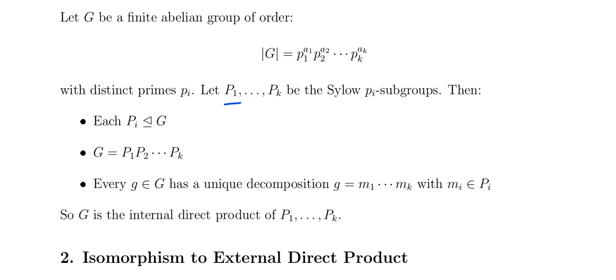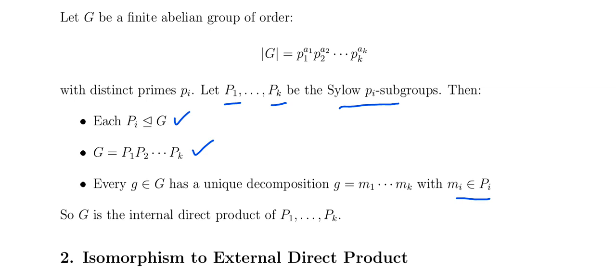Let capital P1, capital P2, capital Pk be the Sylow pi-subgroups. Then each Sylow p-subgroup is a normal subgroup of G, and G is expressed as the product of Sylow p-subgroups, and every g belonging to G is uniquely decomposed like that: g equal to m1 m2 mk, with each mi belongs to Pi.